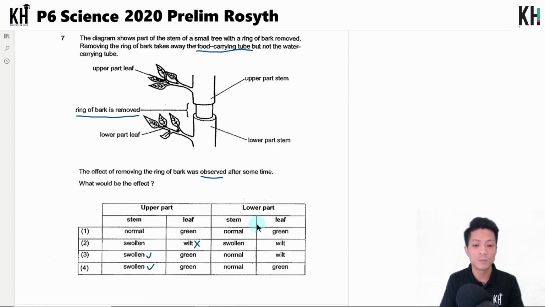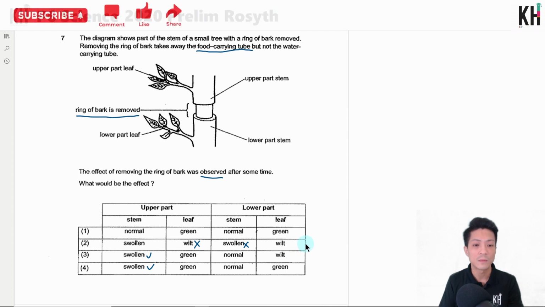Lower part probably will not be swollen, so it will be normal. Okay, so nothing to cross because we already crossed out option 2. The leaf will probably remain as green. So for this question number 7, the answer will be number 4.